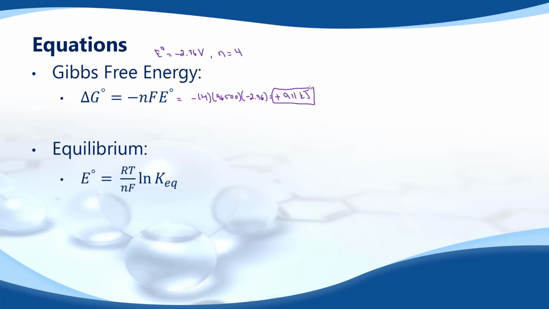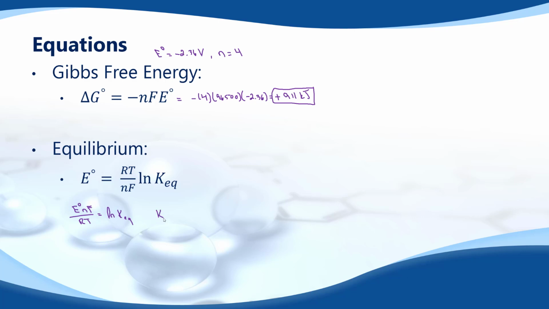Right, so to find the equilibrium constant for this, first thing we're going to do is rearrange and solve for K. Right, so we're going to have E standard and F over RT is ln of K eq. Right, we'll just exponentiate both sides of this.